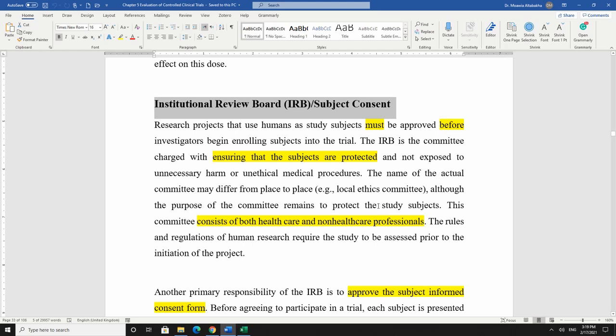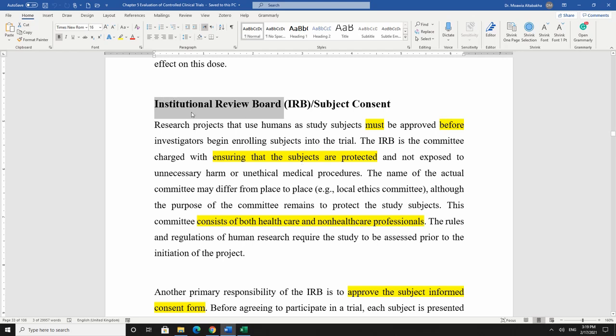This ethical approval is applied to the place where you want to do your trial, for example, hospital, university, etc. And there will be a committee in the institution or in the university or in the hospital, which is referred to as ethics committee, or sometimes they call it institutional review board. It can have different names: institutional review board or ethics committee, or might be something similar.